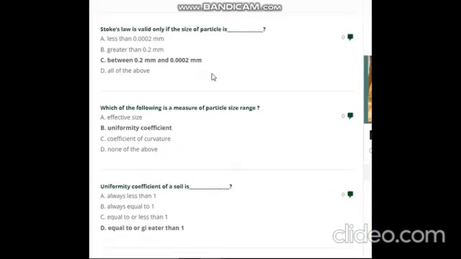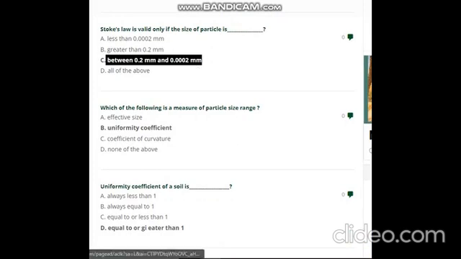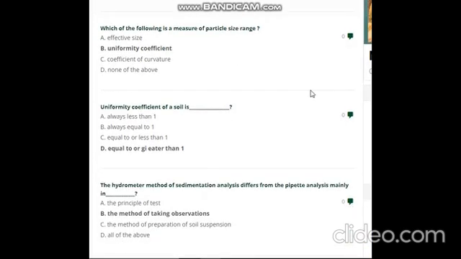Stokes law is valid only if the size of particle is between 0.2 mm and 0.0002 mm. Which of the following is a measure of particle size range? Uniformity coefficient.